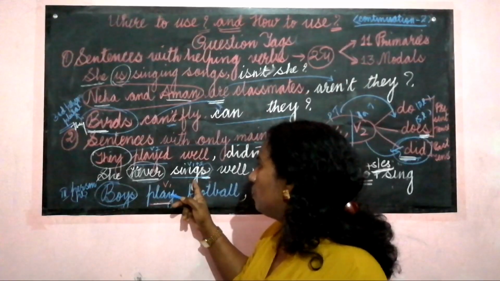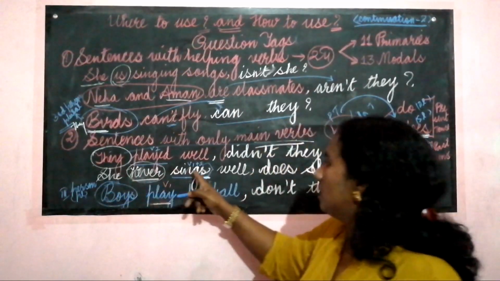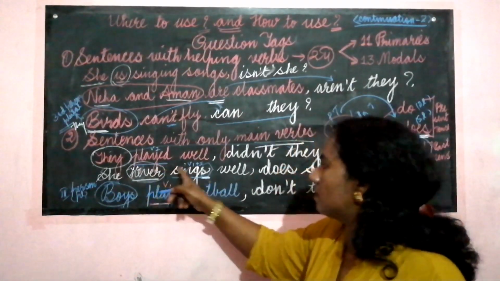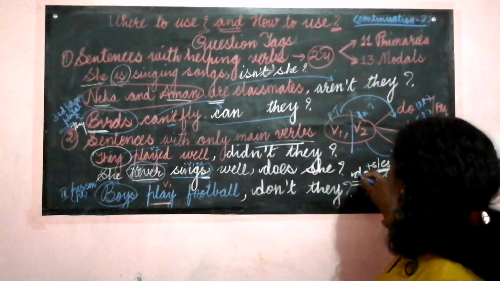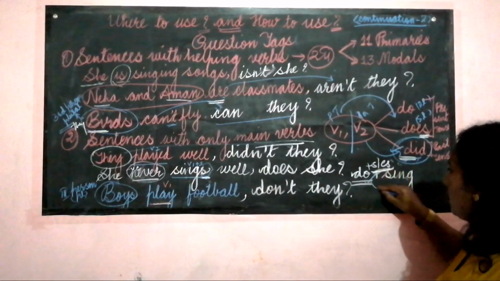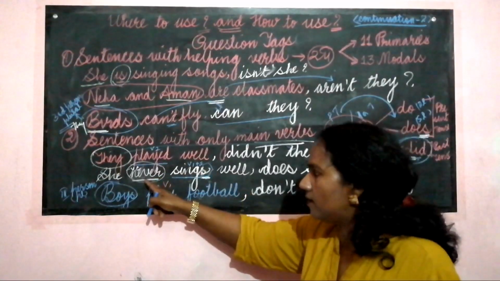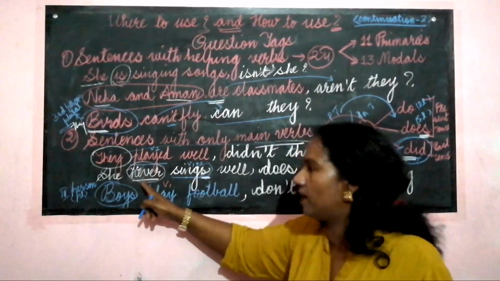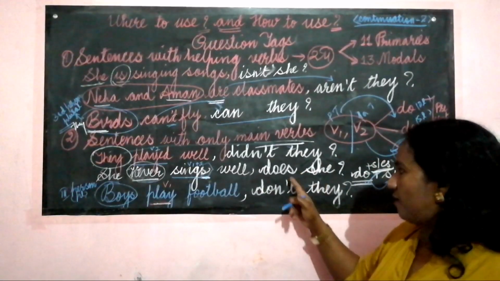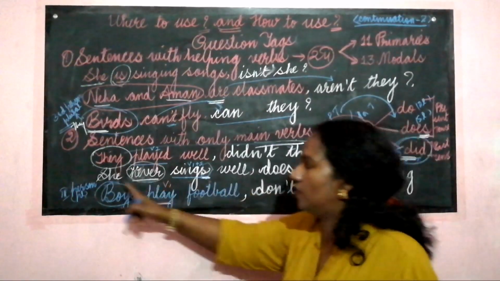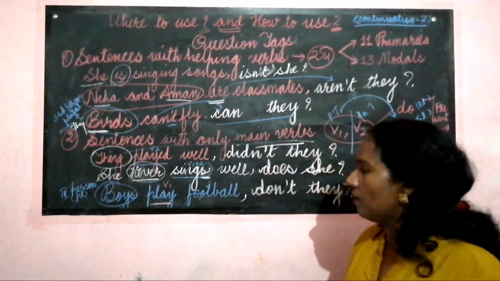She sings, that is, she does sing well. Do plus s or es is does. Already the sentence is negative because the word never is there. Our question tag must be positive. Does she? She is the pronoun.